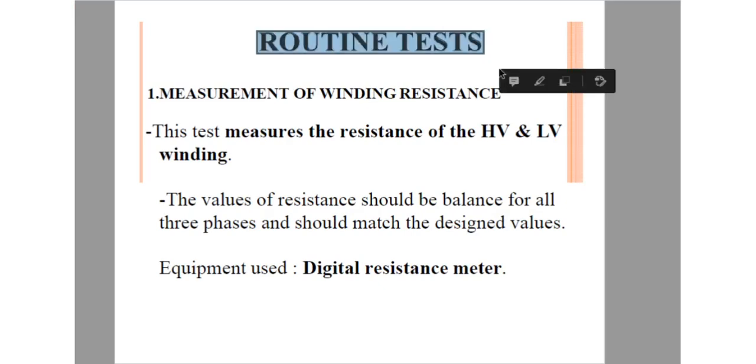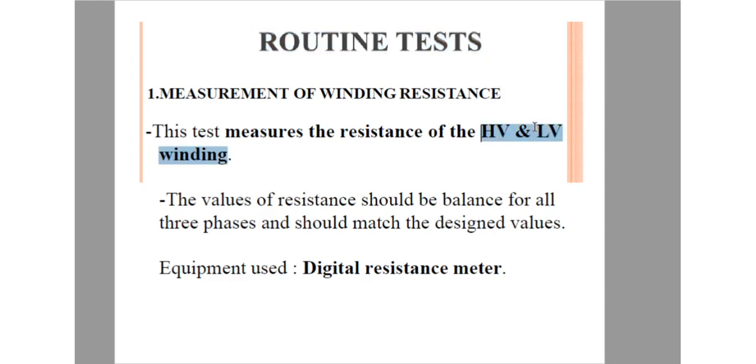In the routine test, we have to measure the winding resistance. Now we know that we are using the resistance meter for measurement of this winding resistance, and this test measures the resistance of high voltage and low voltage winding. The values of resistance should be balanced for all the three phases and should match the designed values.